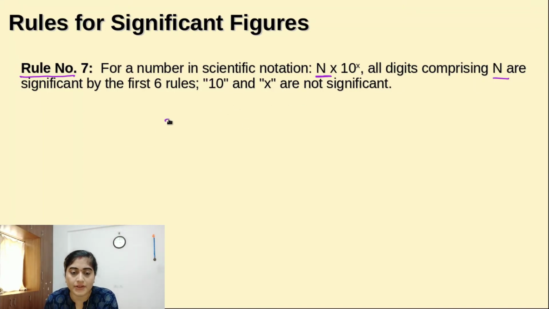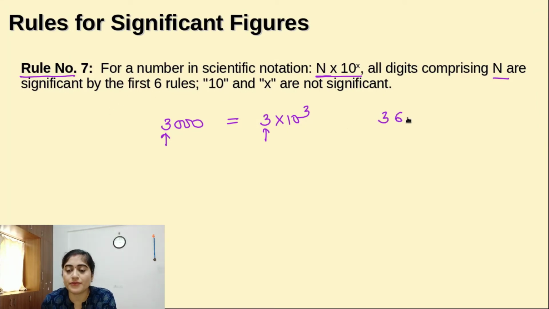Suppose you have 3000. In that, there is only one significant figure. If I write this 3000 in the form of scientific notation, we can write 3 into 10 to the power 3. So this value shows the significant figures according to the first 6 rules.